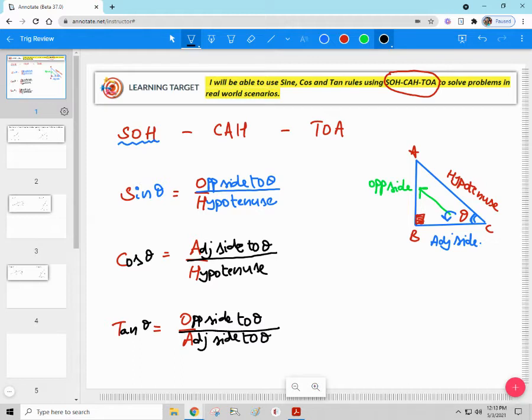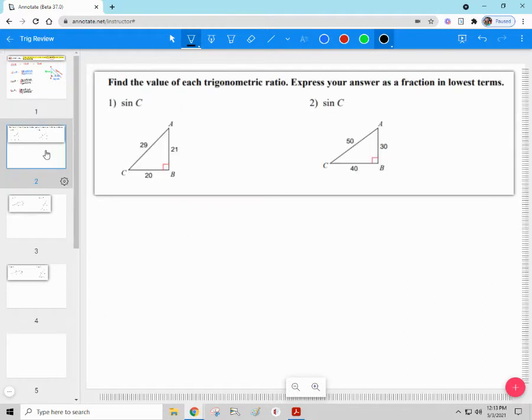Let's really quick jump to the next part. So here there are two triangles. The question says find the value of each trigonometric ratio, express your answer as a fraction in lowest terms.